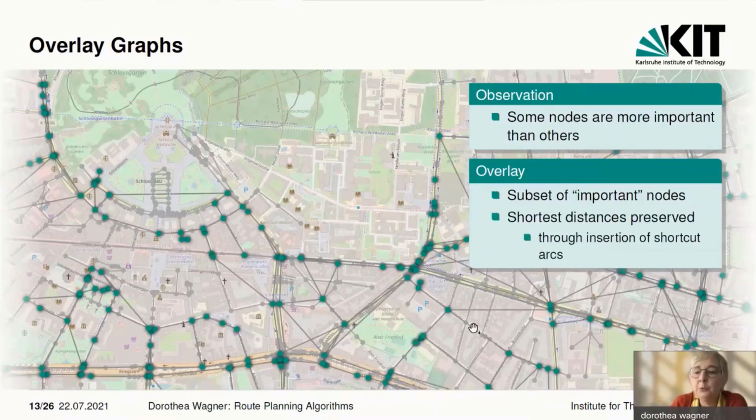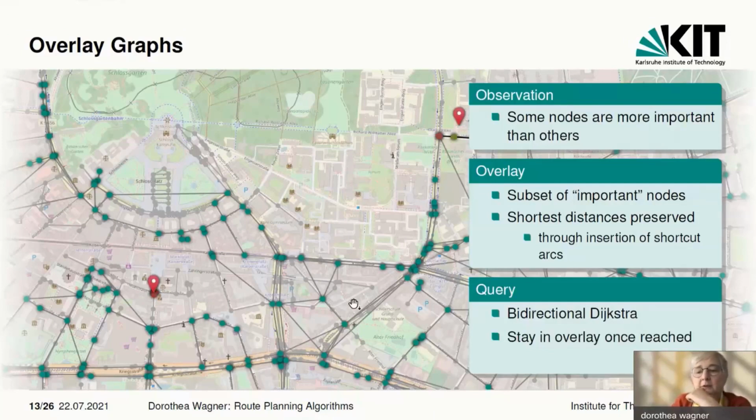Then pre-compute the shortest path between all pairs of green nodes and store these shortest paths or distances, which means in the overlay graph, we just introduce the direct edges or shortcuts between the green nodes. And then for a query, we apply bidirectional Dijkstra's algorithm, but only stay as soon as possible in this overlay graph.